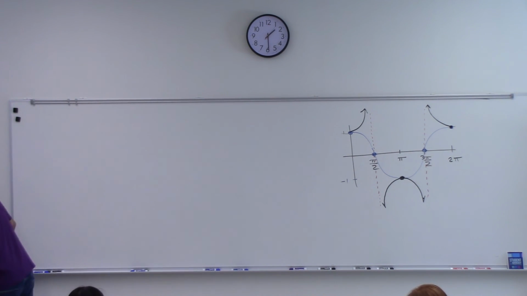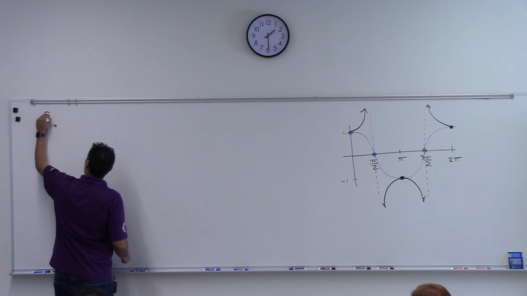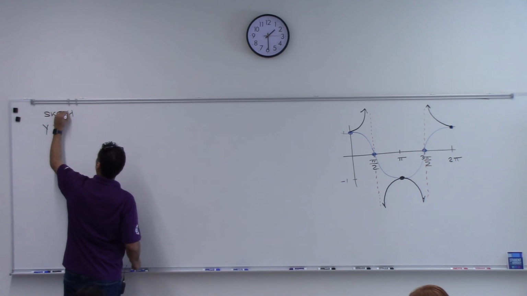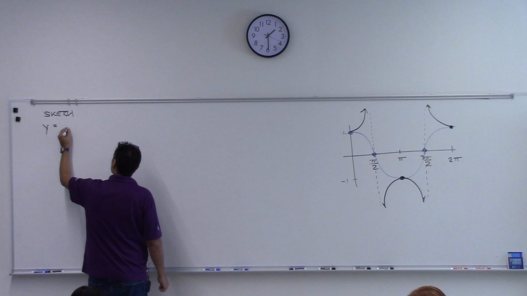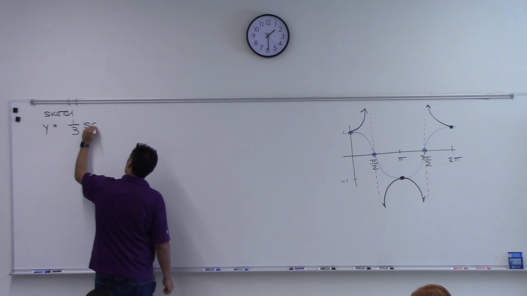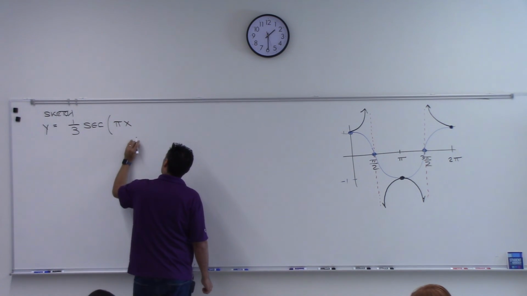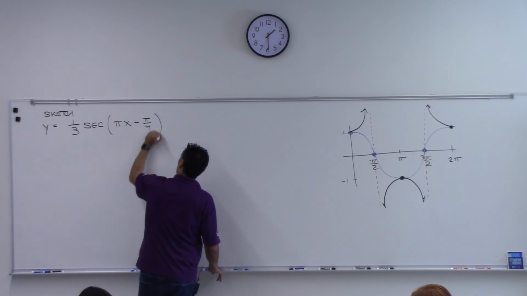So let's do one sketch of this. If y equals, let's sketch, 1/3 secant of pi x minus pi over 4.